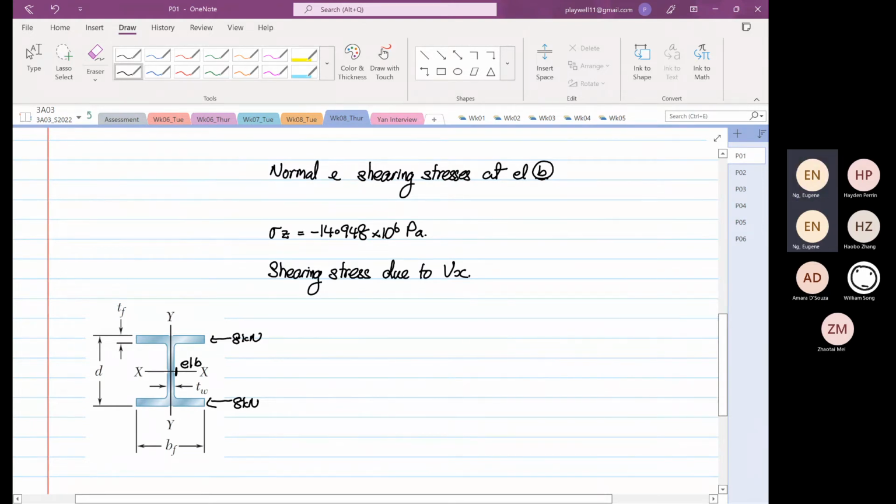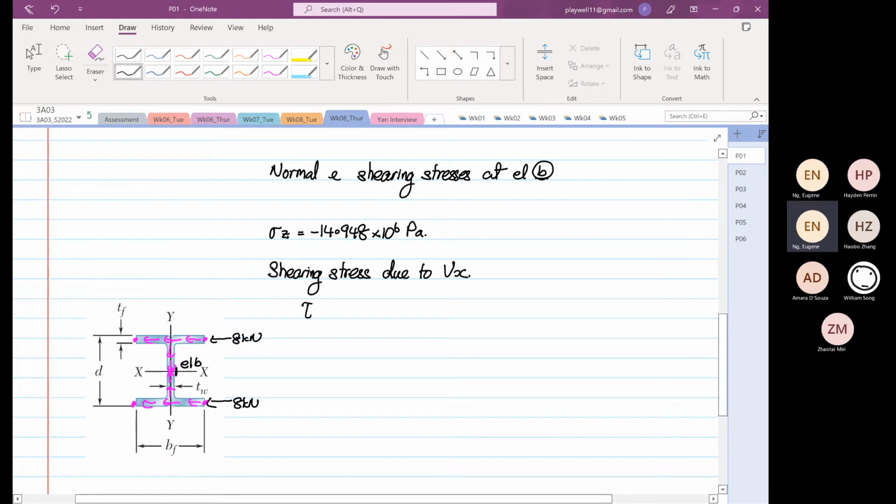So now we sketch our shear flow, right? So it's a wide flange. So all these dot points I'm drawing down here are all our terminals. Okay, and this one is also our terminal because the shear flow meets at the center and has nowhere to go. Okay, so what we can see over here, if we look at the formula, okay, so we're looking at the shear stress, right?